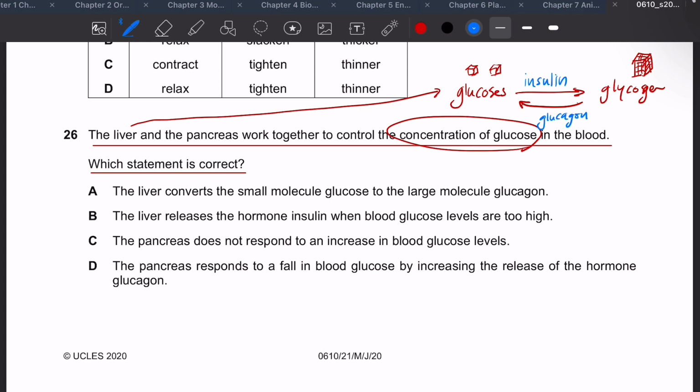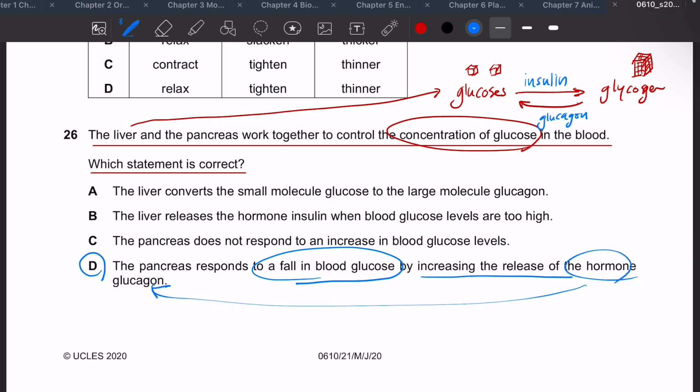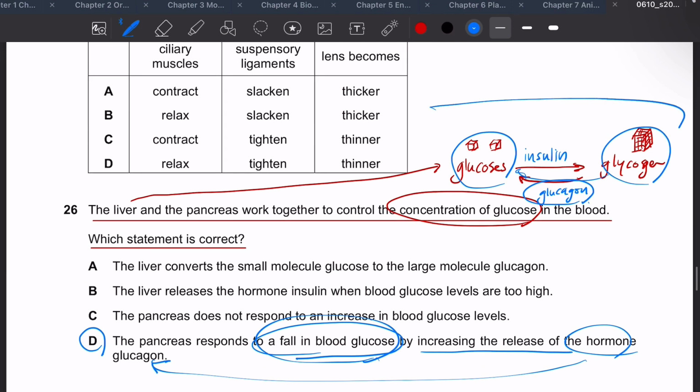So for this one, I would say the answer is D, because the pancreas responds to a fall in blood glucose by increasing the release of the hormone glucagon. So when there's a fall in blood glucose, so when there's less glucose, then the pancreas releases a hormone called glucagon, and then the glycogen gets converted back to the glucose molecules in the liver.